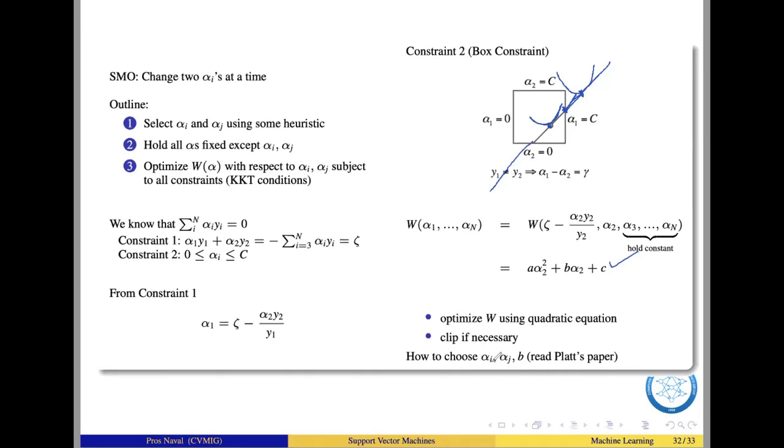Now, how to choose alpha I and alpha J, as well as b, I encourage you to read Platt's paper. But it's important for you to know this part here, and that for SMO, we are using just alpha 1 and alpha 2, or alpha I and alpha J.